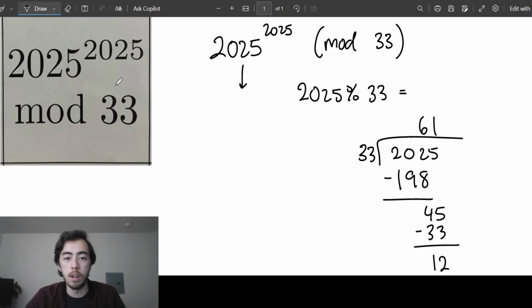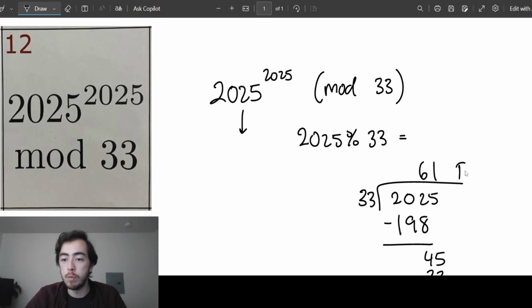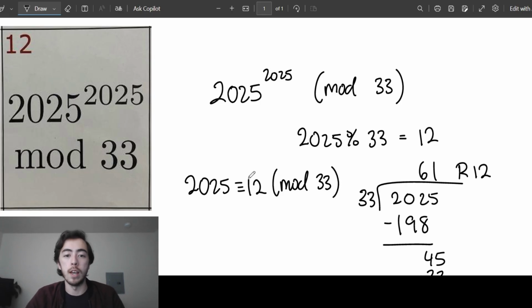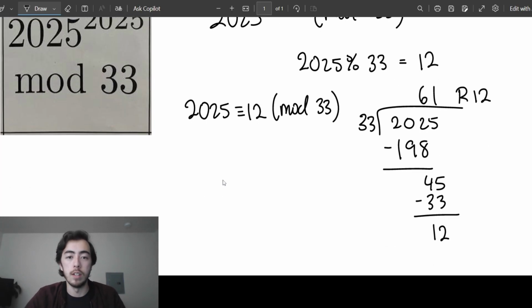That doesn't really matter for modular arithmetic. The important part is that we have a remainder of 12. And so what I could say actually is that 2025 is congruent to 12 mod 33. And this just tells me I can replace that 2025 there with a 12.